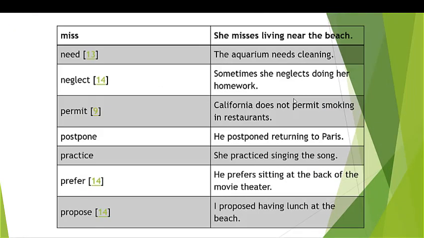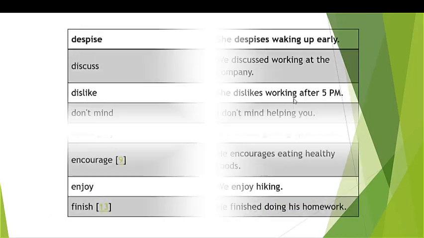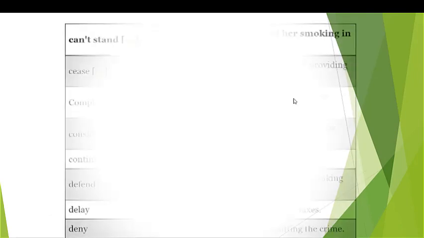Okay. Miss, need, neglect, permit, postpone. There is a code here: 13, 14, and 9. It indicates the function. And the code, what is it?